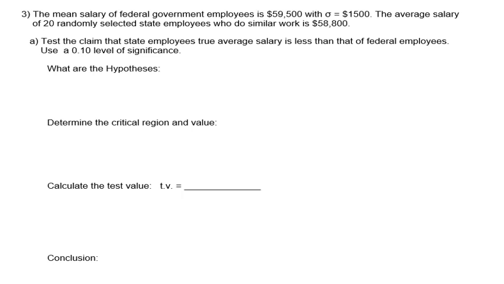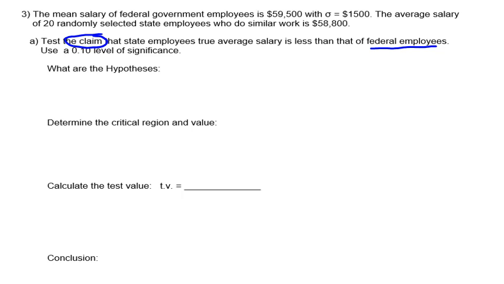Problem number 3, take a minute to read the problem. Okay, so if you are ready, this is a hypothesis test. Why? Someone is making a claim. They're claiming that state employees' average salary is less than that of a federal employee.